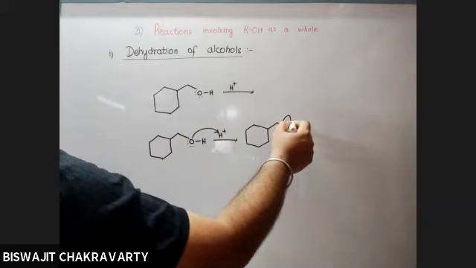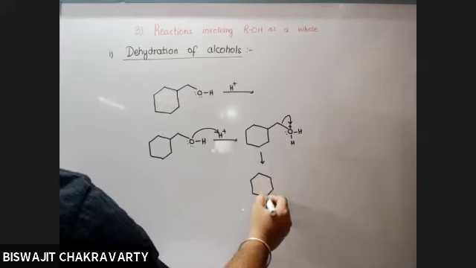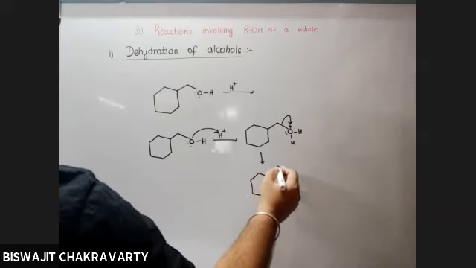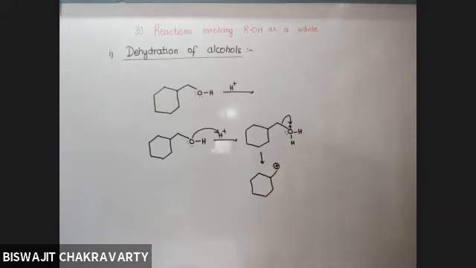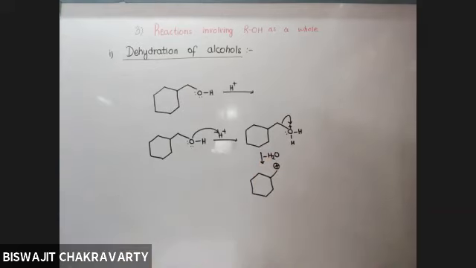Oxygen will pull away the electron from the carbon, resulting in the formation of, okay, तो वाटर निकल गया, इस तरह का कार्बोकेटन प्रोड्यूस हो रहा है। 1 degree. Now what is the chance to get it converted to a more stable carbocation? Will it be a methyl shift or will it be a hydride shift?